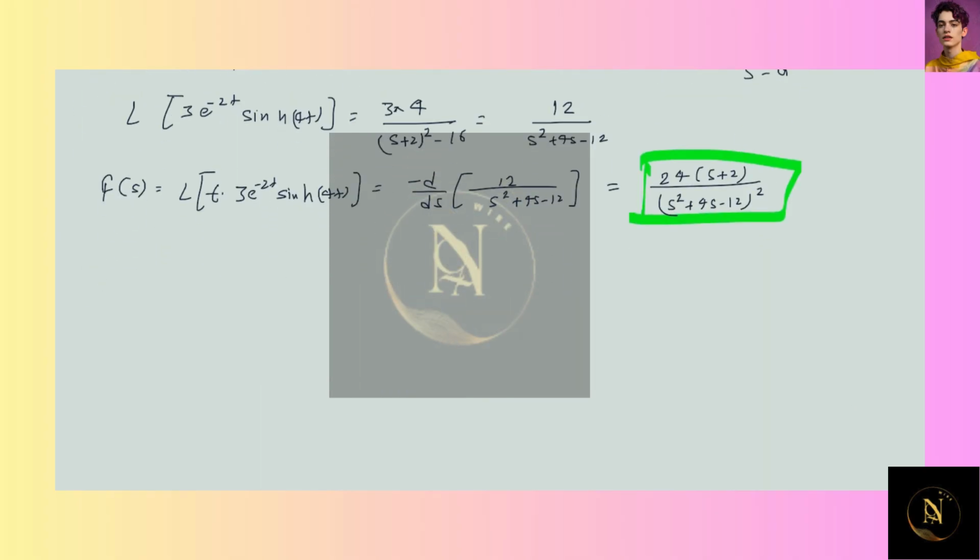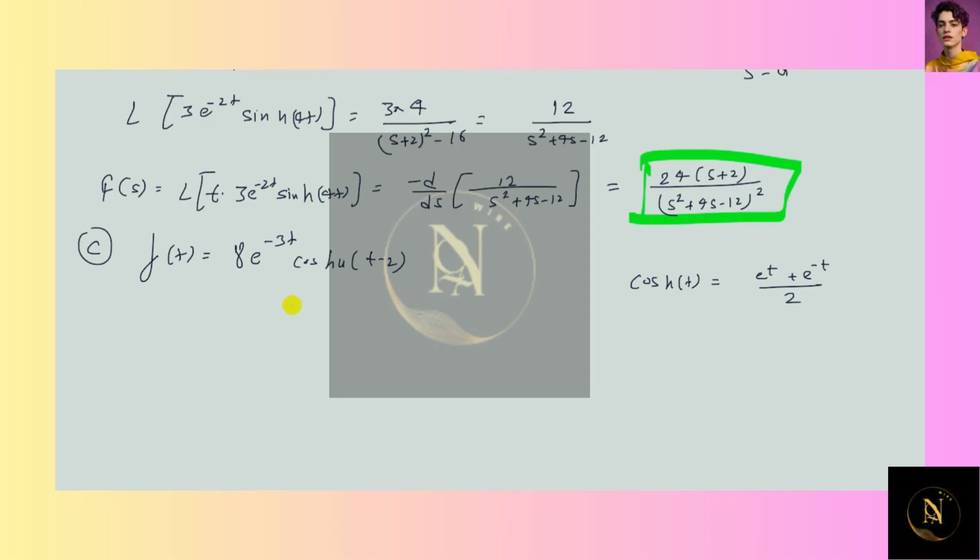Here we have to do it for part C. In part C, the function is f(t) = 8e^(-3t) cosh(t) multiplied by u(t − 2). As we know, cosh(t) can be written as (e^t + e^(-t)) divided by 2.